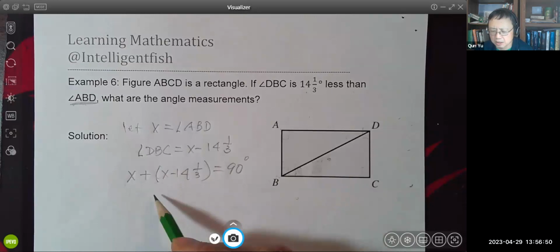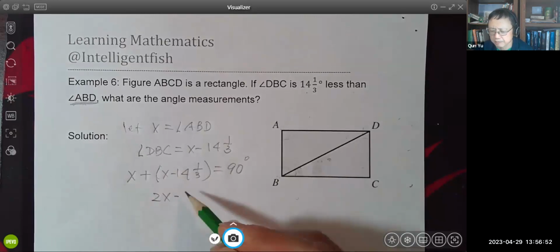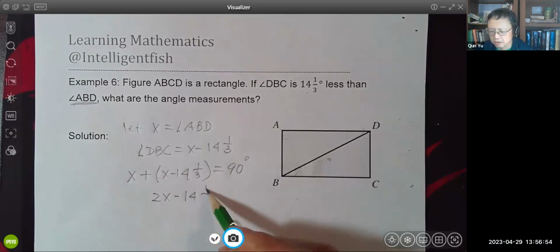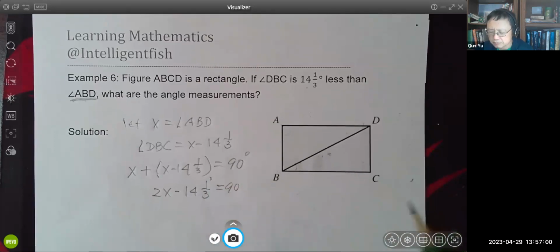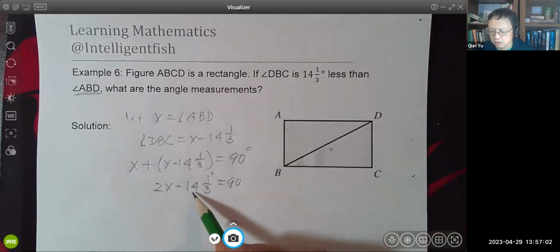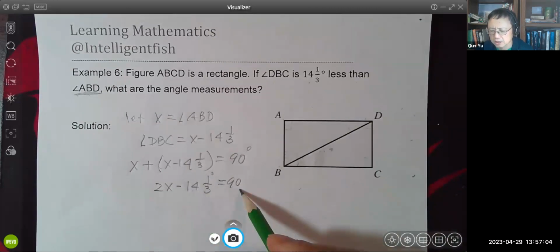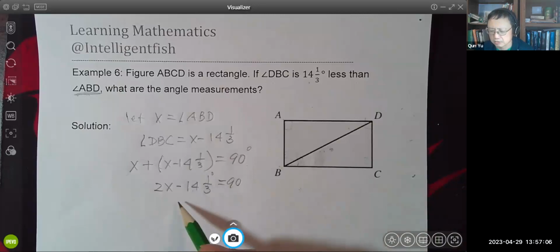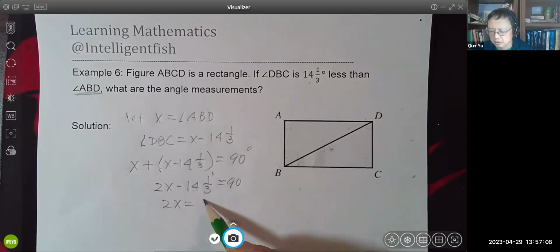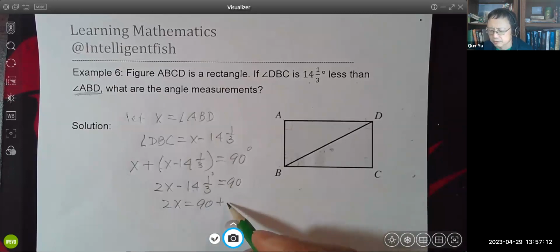So combining them together, I get 2x minus 14 1/3 equals 90 degrees. They're all in degrees. Now all I need is to move this number to the other side, and then we have 2x on one side. So 90 plus 14 1/3.